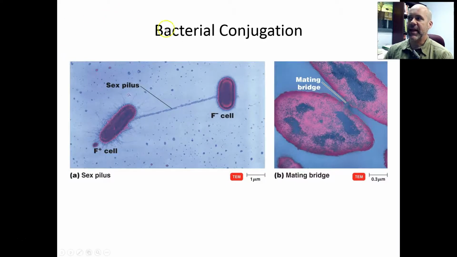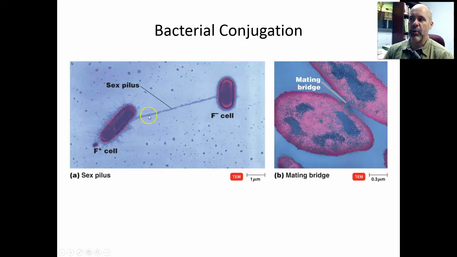All right, another technique that some bacteria have for transferring DNA is called bacterial conjugation, and we've talked a little bit about that before. So this is an image of a cell right here that is capable of doing bacterial conjugation. And it has sent out a structure called a sex pilus. We talked about fimbriae and pili in Chapter 3.